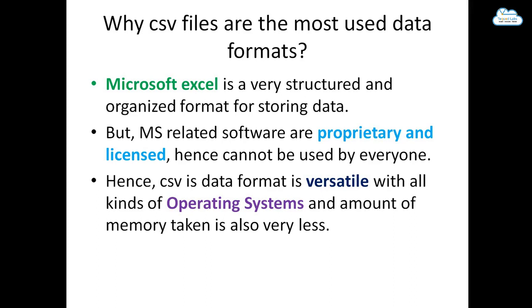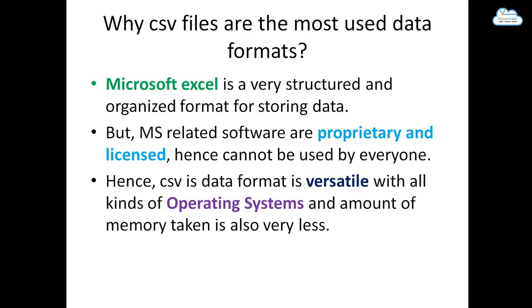See, one thing you need to consider is that Microsoft Excel is proprietary software created by Microsoft. So if any other operating system or any other person wants to use it, they need a valid license to install the Microsoft software and use it. But in artificial intelligence, we'll be using multiple kinds of computer systems where multiple kinds of operating systems will be installed.